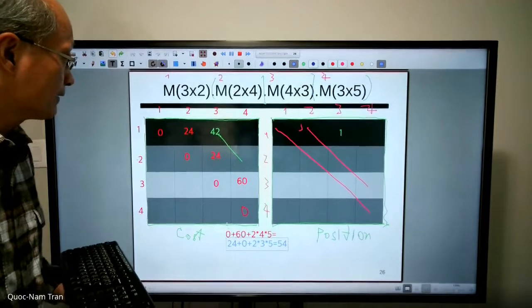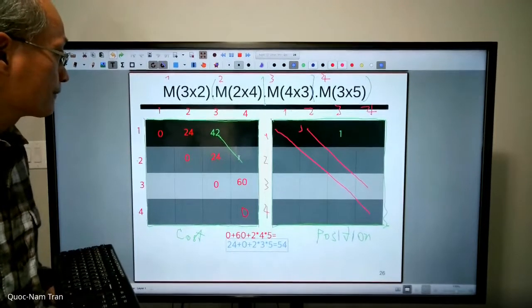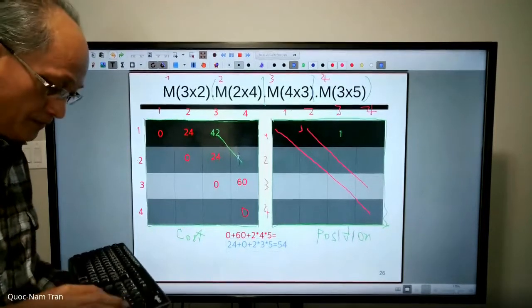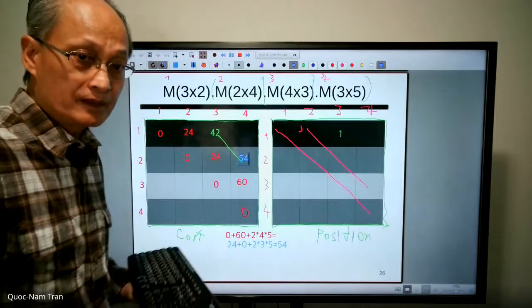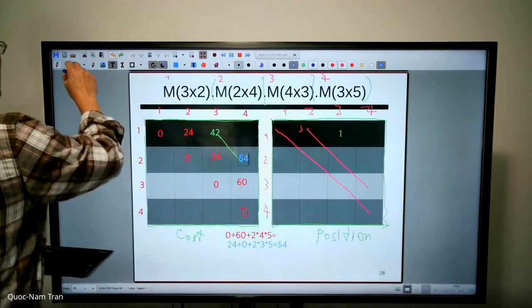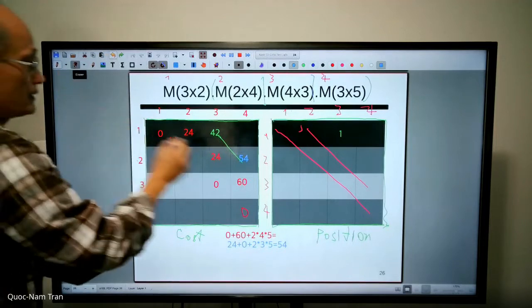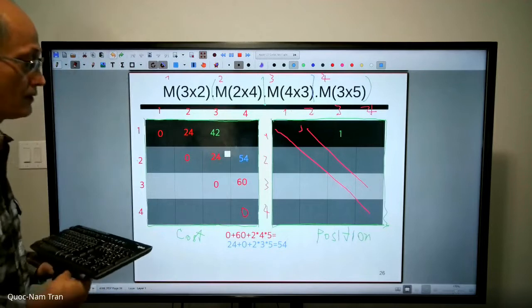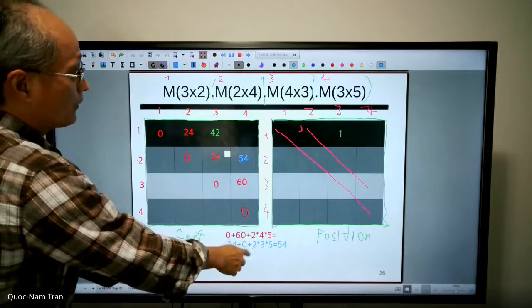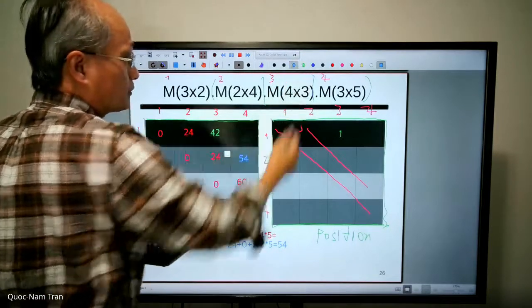So we write it down here. 54 is the smallest cost. So now I can remove this one.